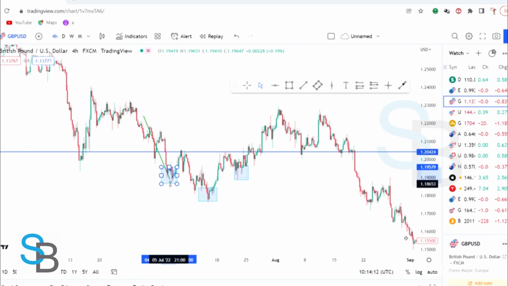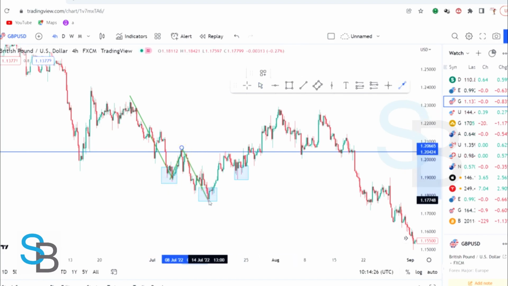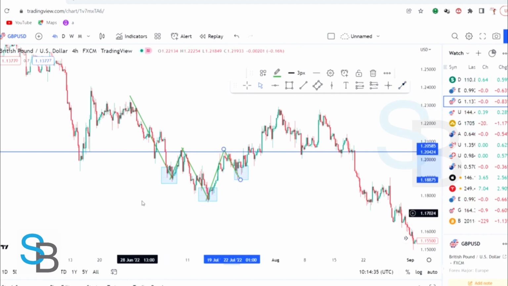It came from here, made it like this, and then came up, made it like this, came down, made it like this, came up, made it like this, came down, made it like this, and now you see we have an inverted head and shoulders, right? We have the neckline here, we have the inverted shoulder, inverted head, inverted shoulder.